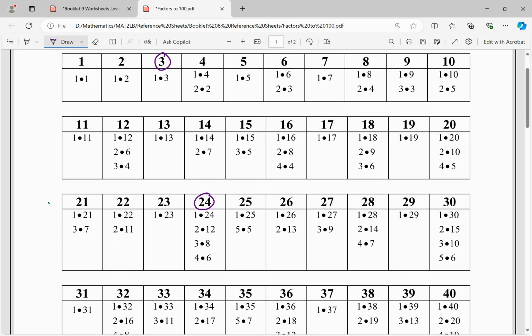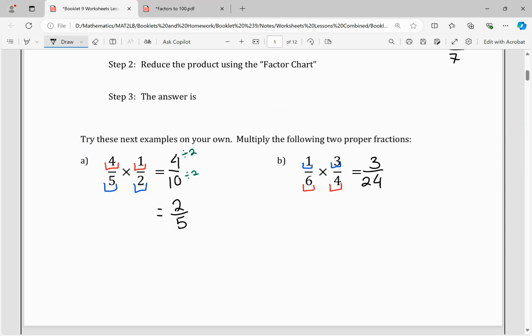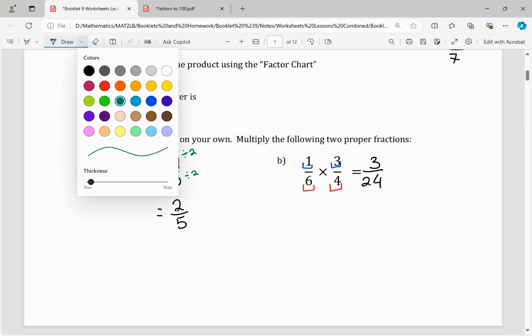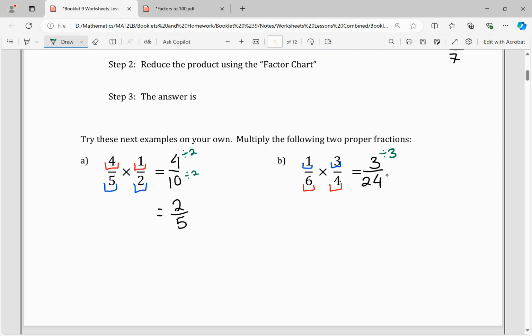Now there's a lot of numbers under 24, so I'm going to start with 3. Obviously, they both have a 1, but they also both have a 3. So that's going to be the largest number that they have in common. So if the GCF is 3, that means that I divide both the numerator and the denominator by 3, giving me a final answer of 1 over 8.